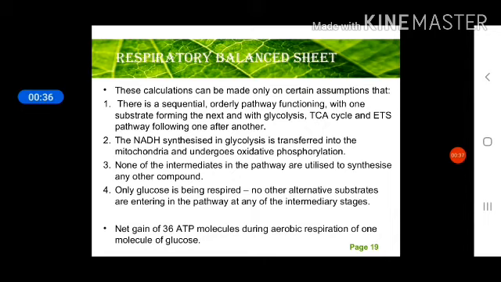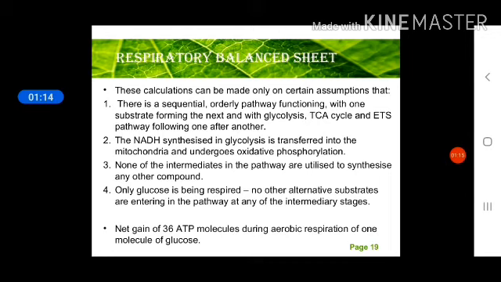But before starting, we have to make certain assumptions to calculate the actual number of ATP, because without these assumptions we cannot calculate the exact quantity of ATP energy produced during respiration from one molecule of glucose.